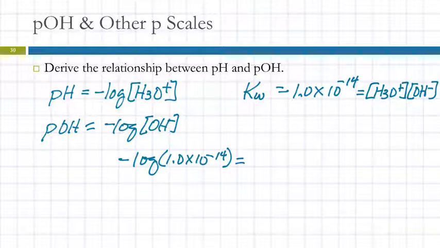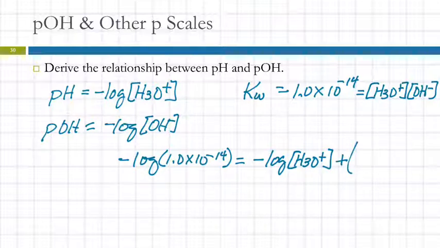When I take the logarithm of things that are multiplied, then I've got the logarithm of each of them and those terms added together. So this will be the negative log of hydronium ion concentration plus the negative log of the hydroxide ion concentration.